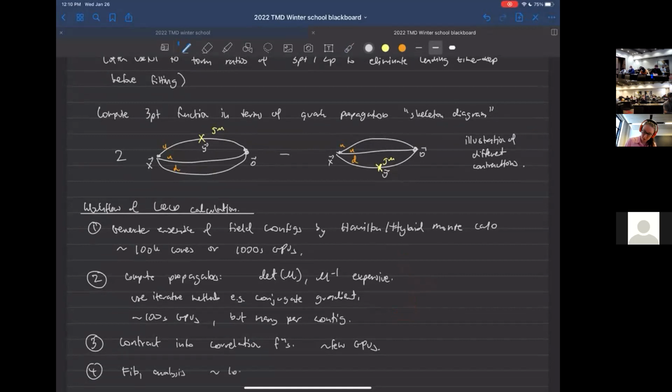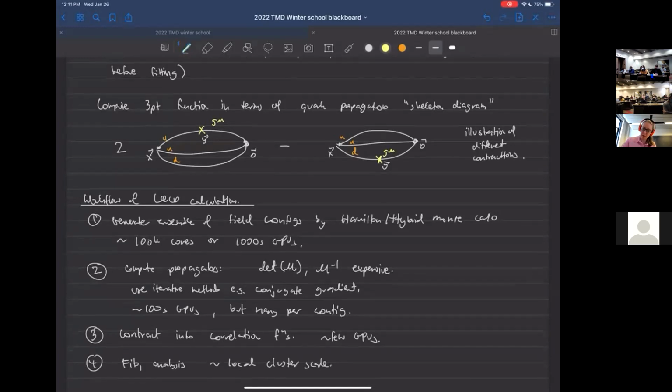This is the sort of thing that you might do on a local cluster. And then this whole thing, you repeat for different parameters: different couplings, different quark masses, different lattice volumes, and so on.